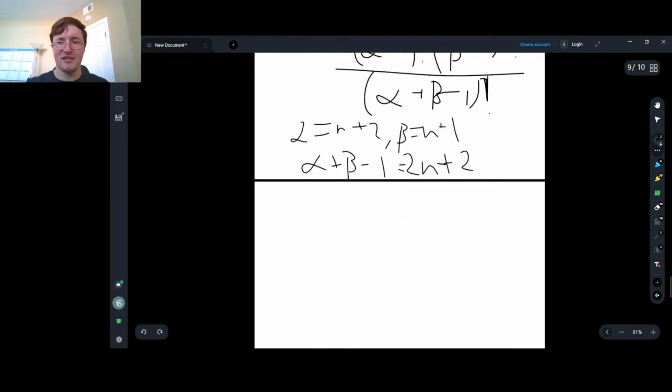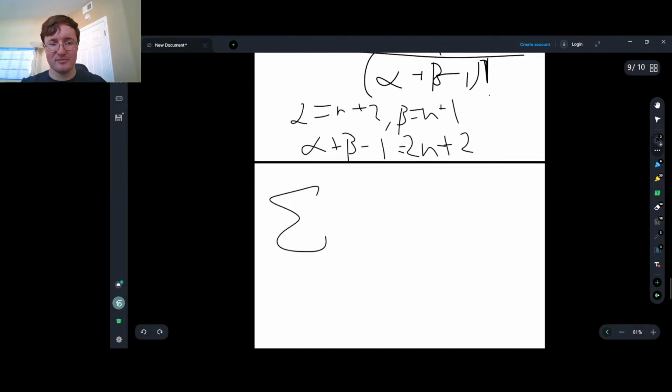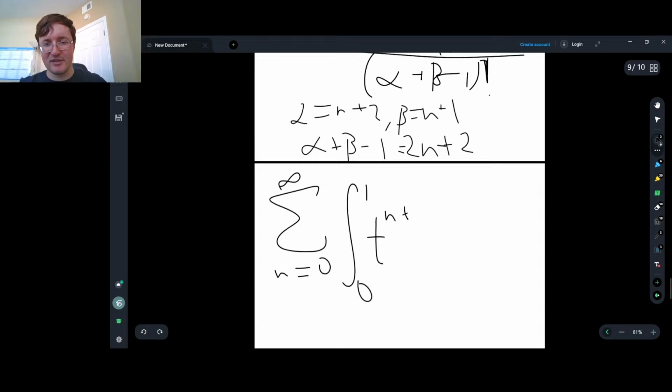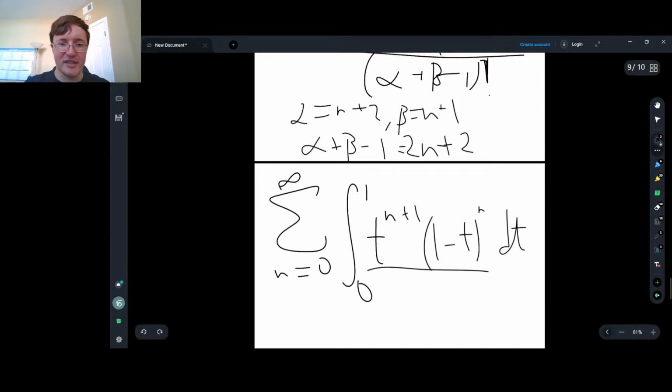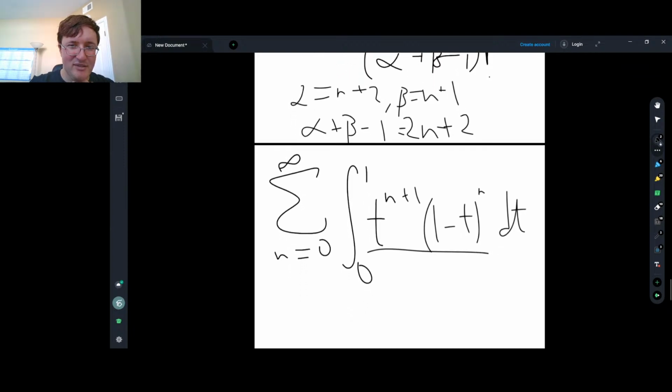So I should be summing this integral t to the n plus 1, 1 minus t to the n, but then I divide by 2n plus 1, 2n plus 2.